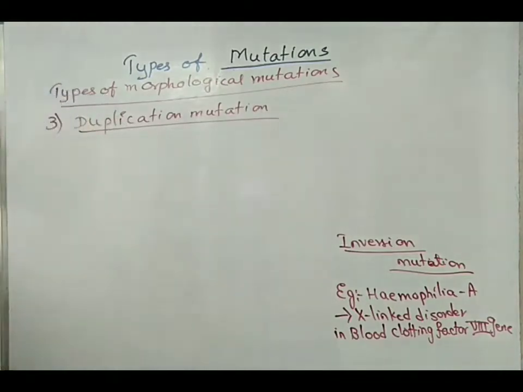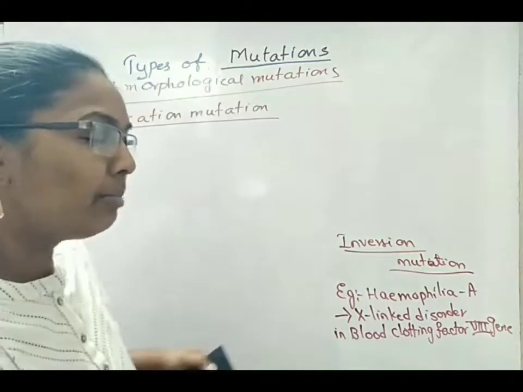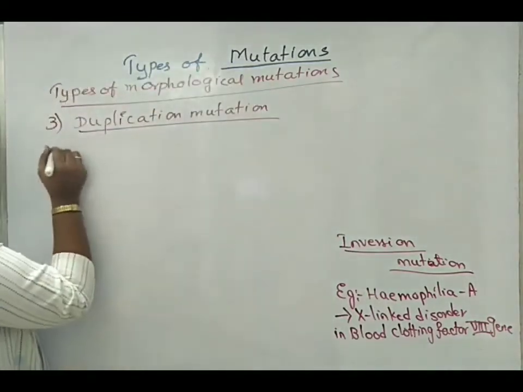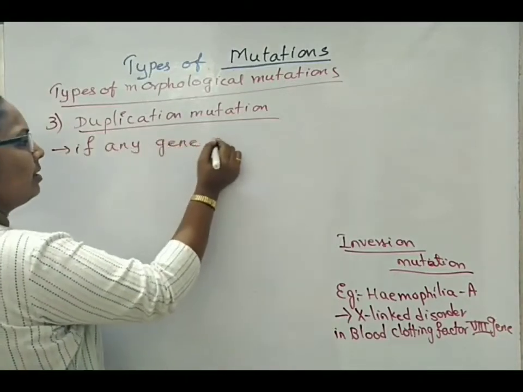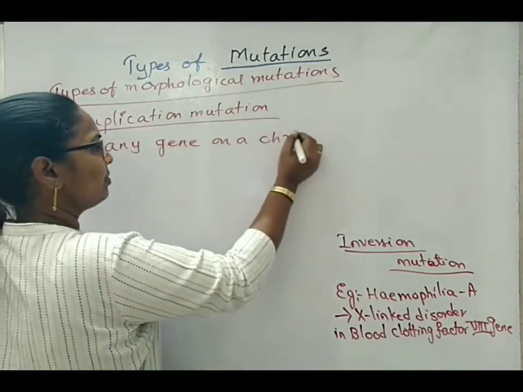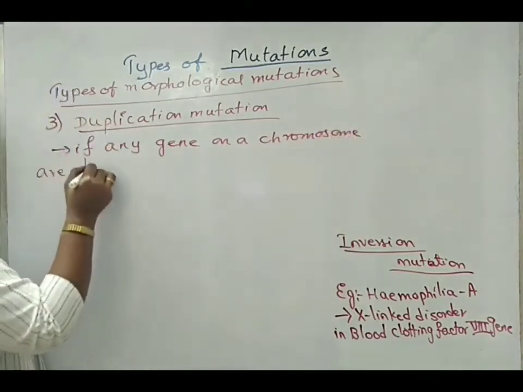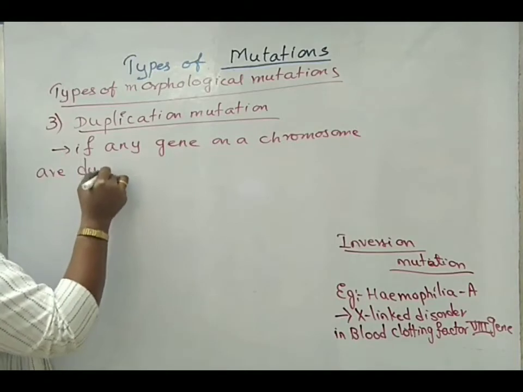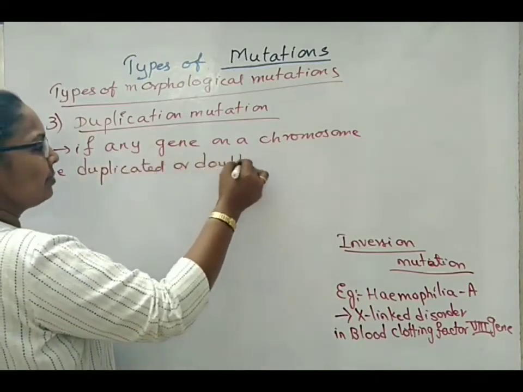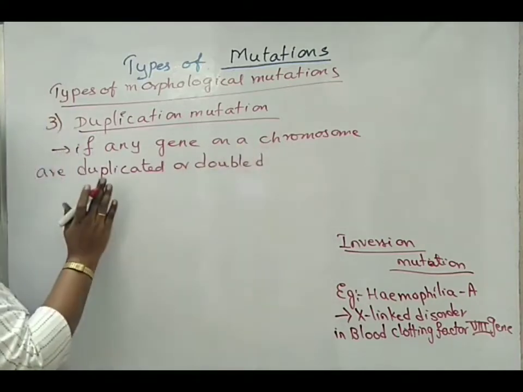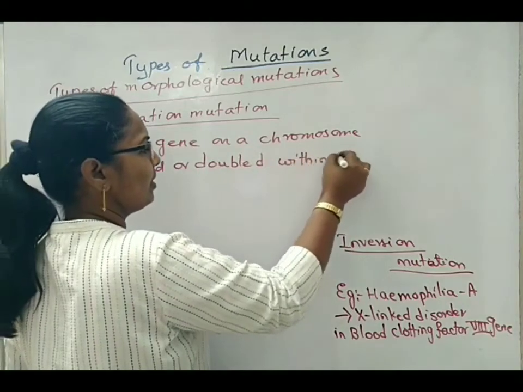Now, within a chromosome, if any number of genes are doubled or duplicated, this we have to read within a chromosome.